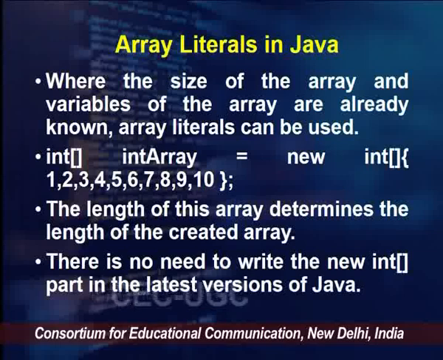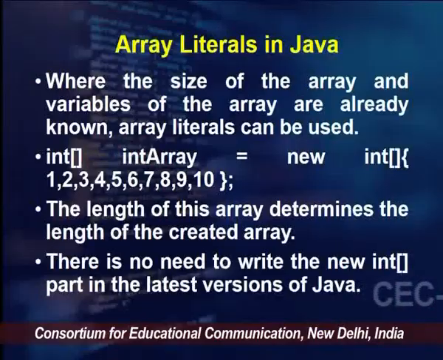This is going to do many things. First of all, this is a combination of the declaration as well as, we can say, instantiation. Basically this is related to array literals. An array with the name int array is being created, and that int array is of type integer.